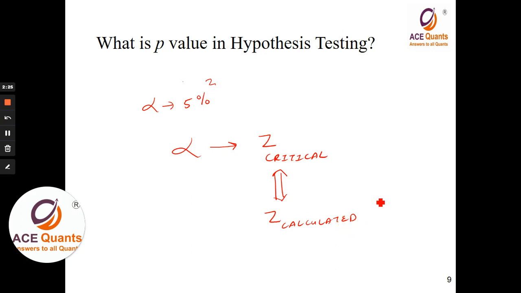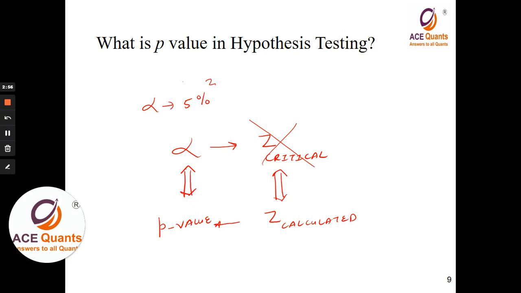Now the p-value approach is the opposite. What we are going to do is we are not going to find Z critical, but this calculated value of Z is going to give me the p-value, and this p-value we are then going to compare with alpha. So I repeat what we have done so far.